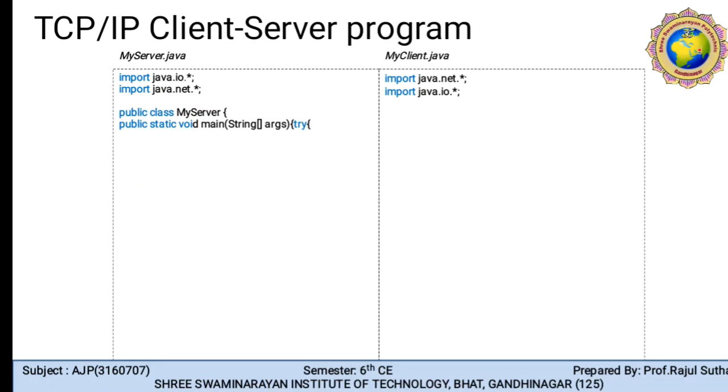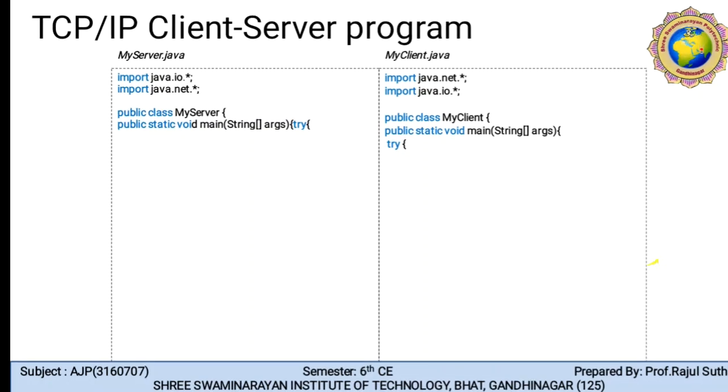Then public class: the class name must be the same as the program name, so for MyServer.java the name of the class is MyServer. Same way for the client, public class MyClient.